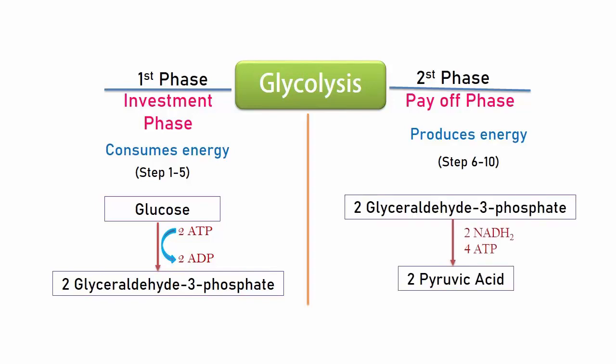Whereas in the second phase, glyceraldehyde 3-phosphate is converted into pyruvate. And it is in the second phase that energy is actually produced. In particular, in the second phase, you get 4 molecules of ATP and 2 molecules of NADH.